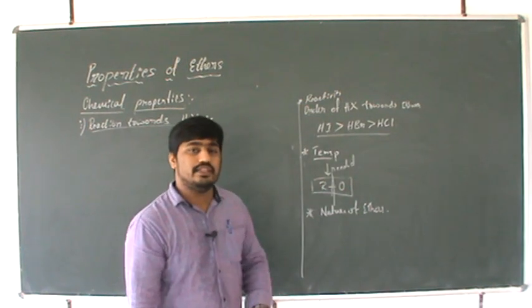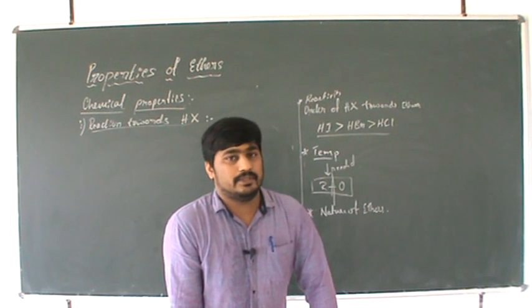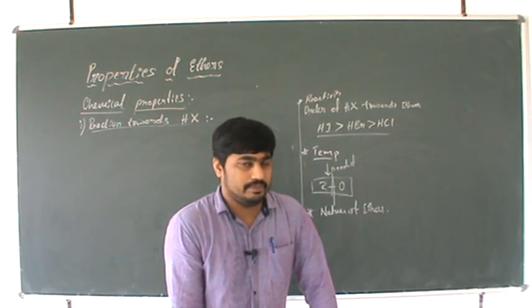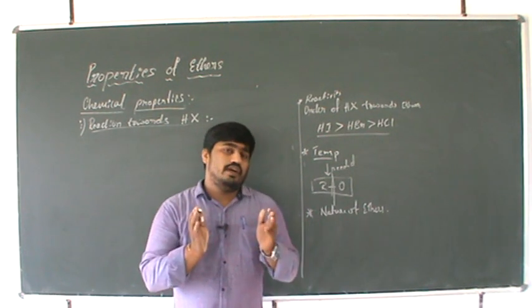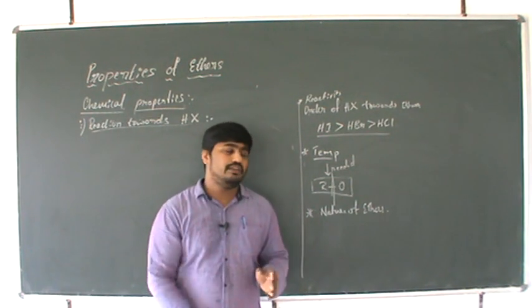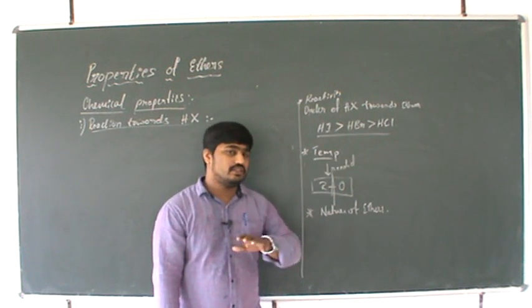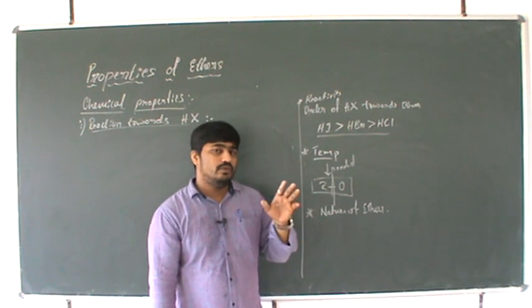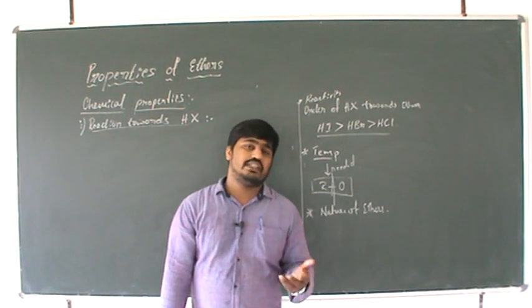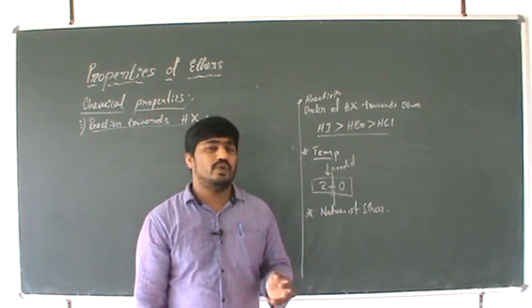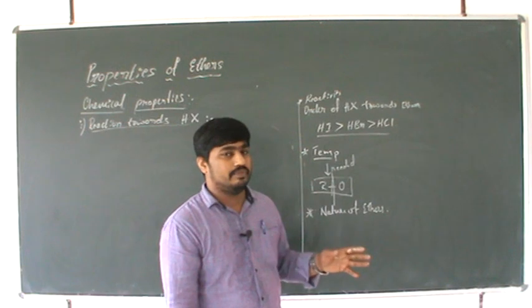If we consider symmetrical ethers, meaning R equal to R dash, for the reaction with hydrogen halide, there is no difficulty or twist because only alkyl halides are formed.